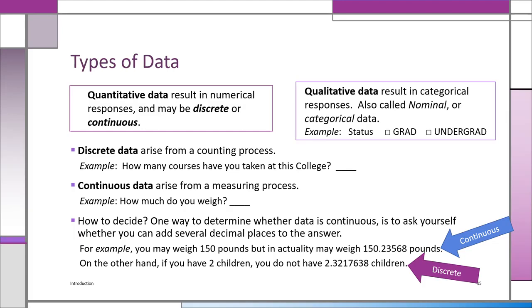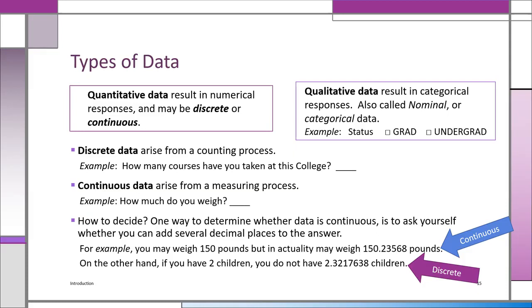On the other hand, quantitative data you could do a lot more with. With quantitative data, we're going to be talking about whether the data is discrete or continuous, and we will be talking about that a lot in this course. Discrete data arises from a counting process: 1, 2, 3, 4. How many courses have you taken at the college?